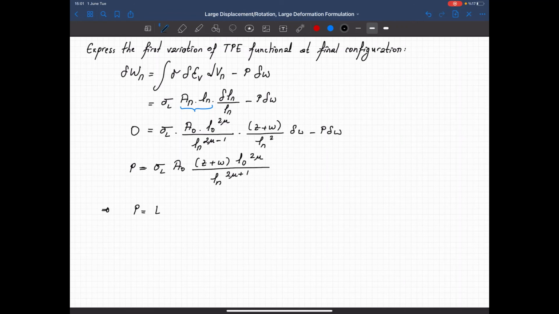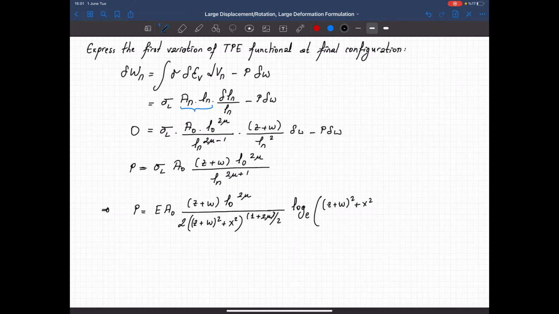P is equal to A times E times A0 Z plus W L0 to the power mu divided by 2 times Z plus W squared plus X squared, 1 plus 2 mu divided by 2, multiplied by logarithm E, Z plus W squared plus X squared divided by L0 squared.